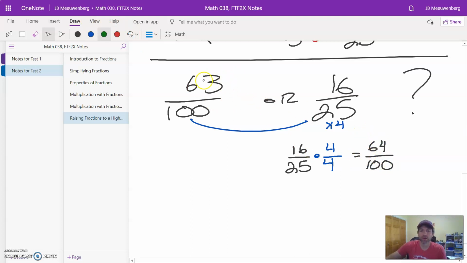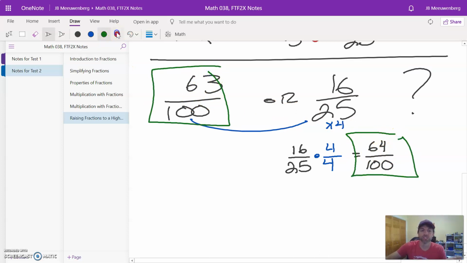So, which is bigger? 63 100ths or 64 100ths, right? Now I'm comparing this to this. And what you'll see is 64 is bigger. So, of the original fractions, 16 25ths has a bigger value than 63 100ths.